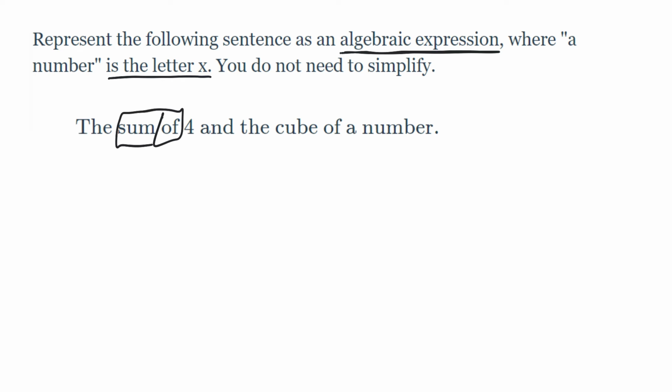You're going to have a number or letter and then the word and, and the sum of is going to be the phrases or numbers surrounding that word and. So the sum of 4 and the cube of a number. Again, a number is going to be represented with the letter X. So the sum of 4 and a number cubed would be 4 plus x cubed.